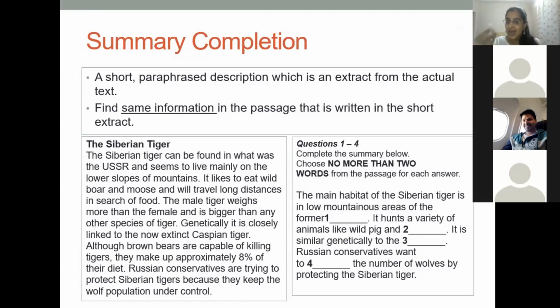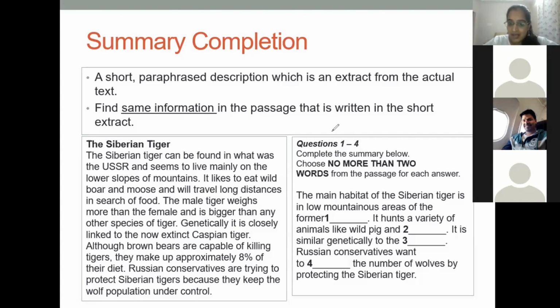They rewrite it and give you blanks in the question statement. Instead of individual sentences, a small paragraph is rewritten, restructured, and given to you with blanks in between, just the way it is given here.